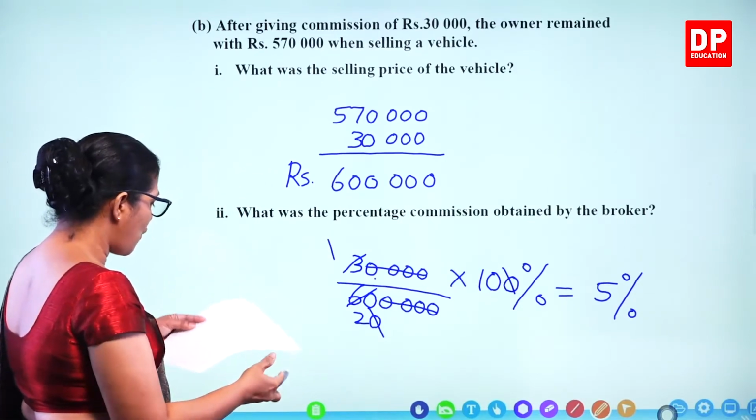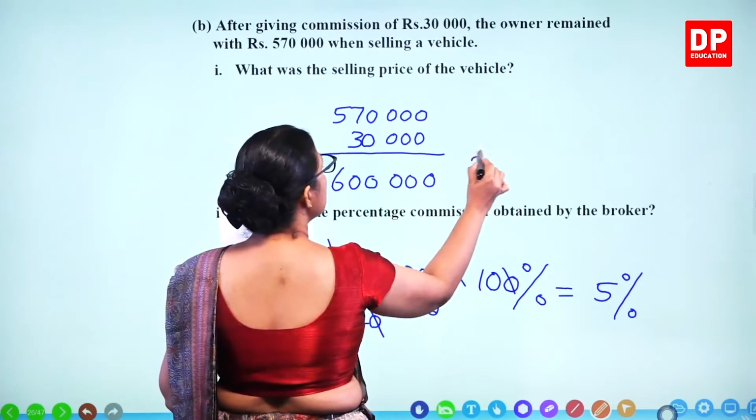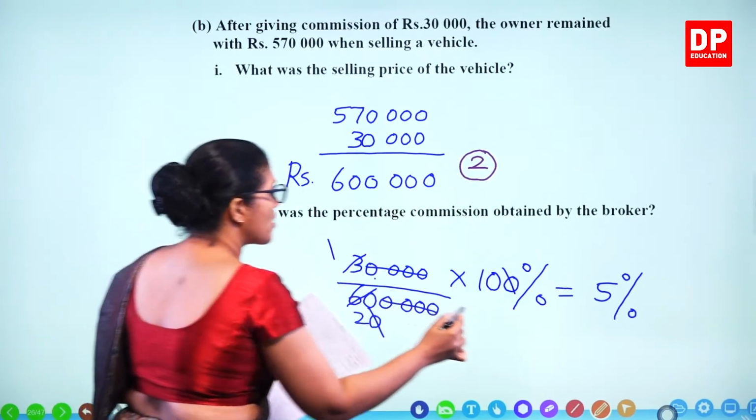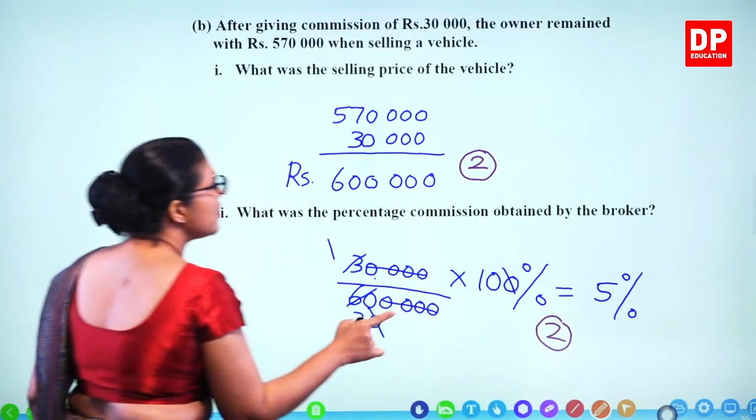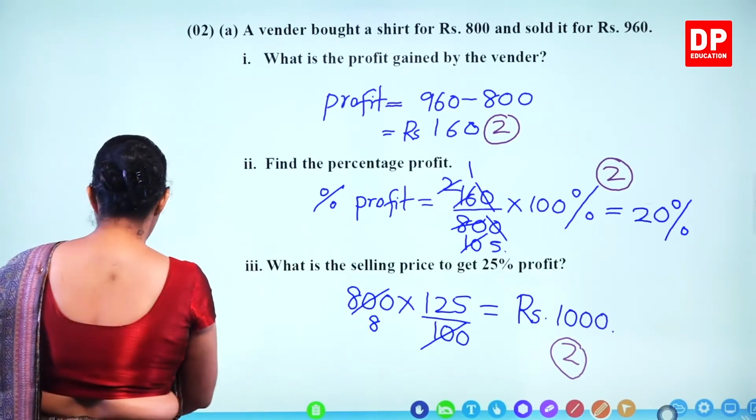So how many marks for part B? You get 2 marks for this and 2 marks for this one. So altogether 2 plus 2, 4 and 6, 10 marks.